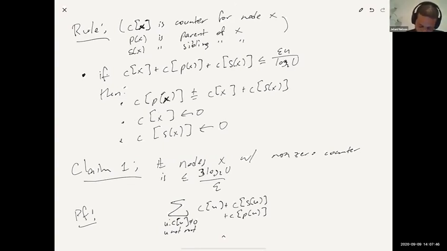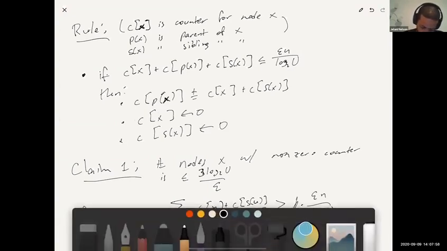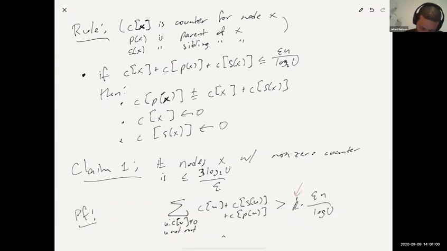We can say that this is bigger than epsilon n over log u times k, where k is the number of such u.